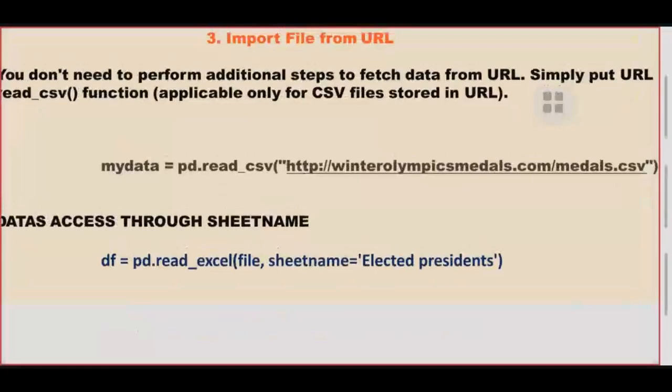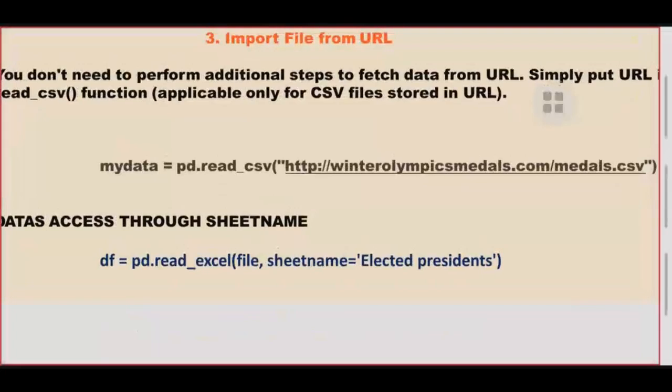In Excel, we have another advantage: the workbook can be extended into multiple sheets. So whatever sheet you are going to use, you have to give that particular sheet name, sheet_name equal to that sheet name. If you want to import a CSV file from some website, you can also import it. See here, my data equal to pd.read_csv, then we have to give that website link.